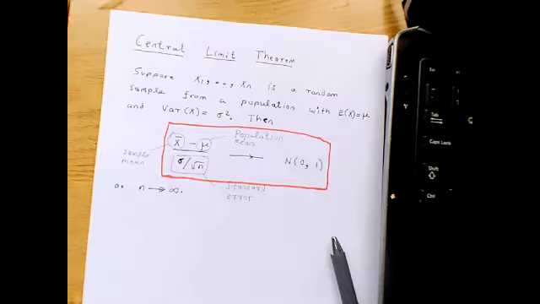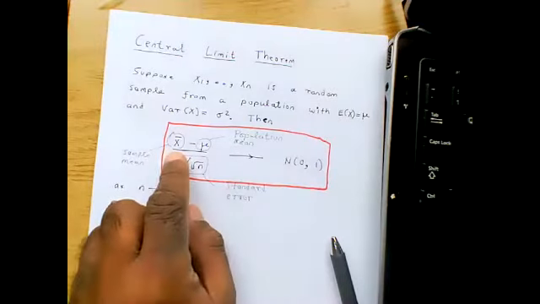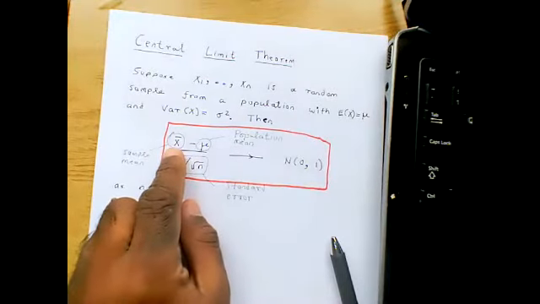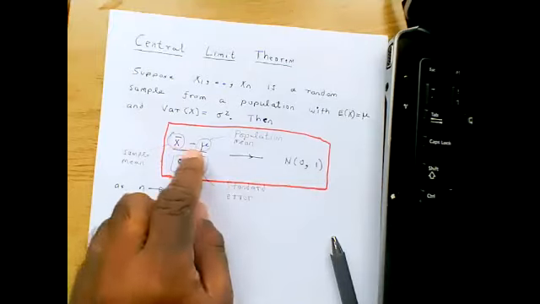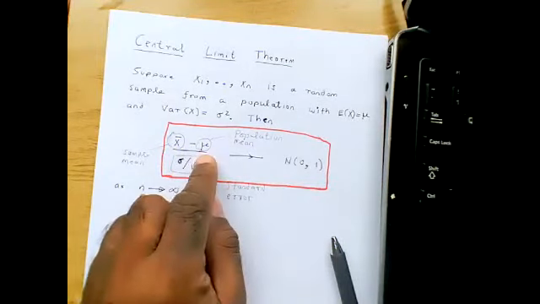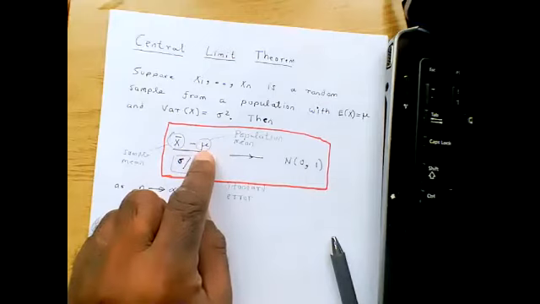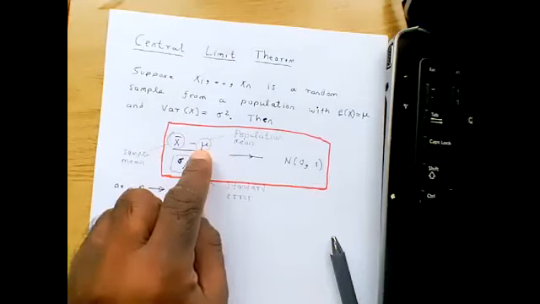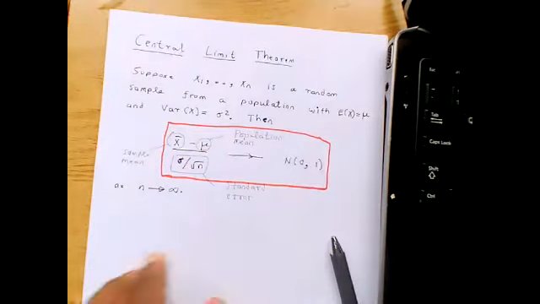Obviously, there are millions of people in the UK, so you can't access the population. So you need to draw a sample, usually like 100 or 1,000, and then record their age, right? So the sample mean will be the average of the ages for the people you selected, whereas the population mean is the average age for the entire population, which we don't know, right? Okay, so this is the central limit theorem.